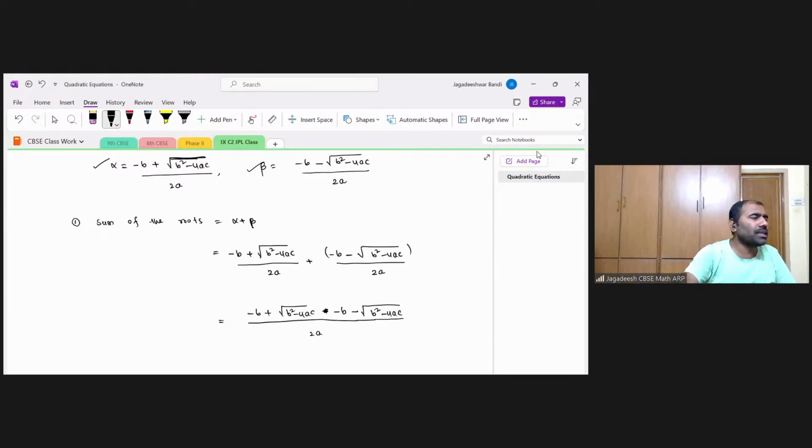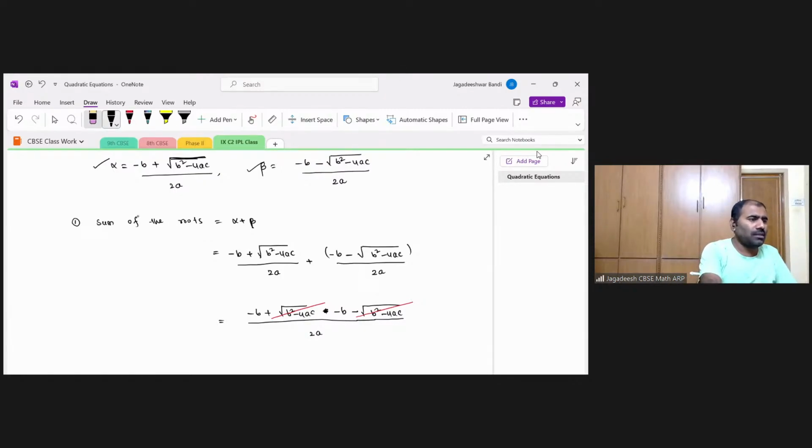If you observe carefully, this is plus √(b² - 4ac), and this is minus √(b² - 4ac). So both will get cancelled. So what else do we have?